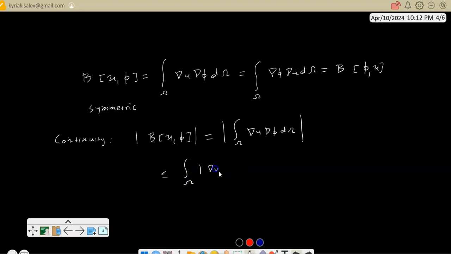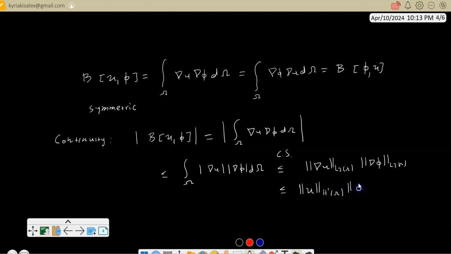The integral of the absolute value of grad u grad phi d omega. Then I can employ the Cauchy-Schwarz inequality. So I take that this is the grad u in L2 of omega times the grad phi in L2 of omega. And this is less than the norm of u in H1 times the norm of phi in H1 of omega.